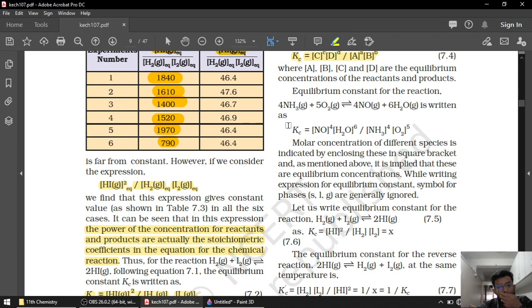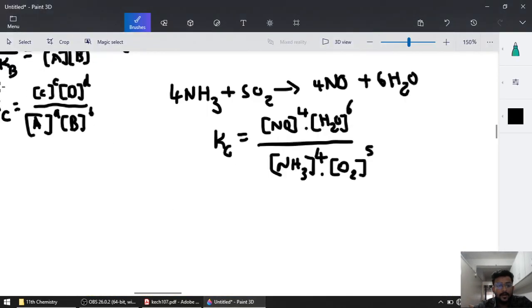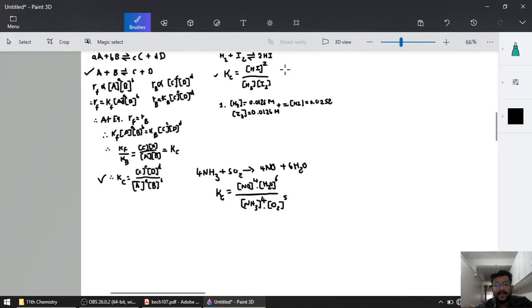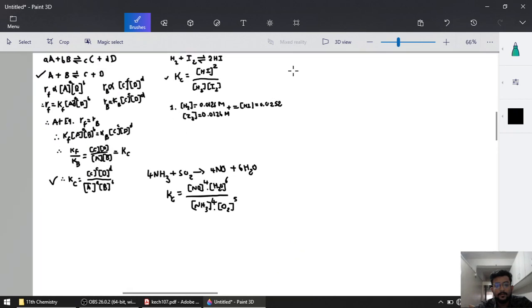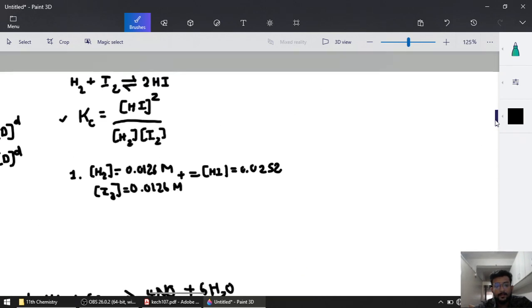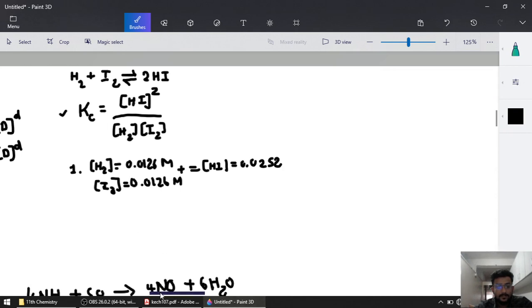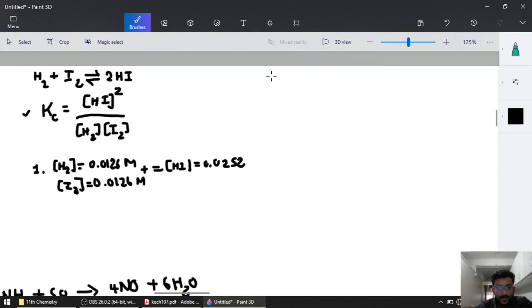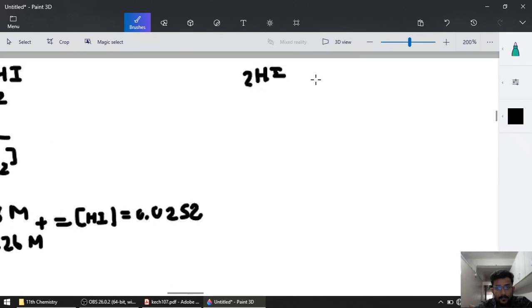Okay, now some important cases. Suppose we reverse this reaction. That means 2HI gives me H2 plus I2. We are writing the reaction in the opposite manner. So what will be the Kc for that? Suppose it is Kc dash.